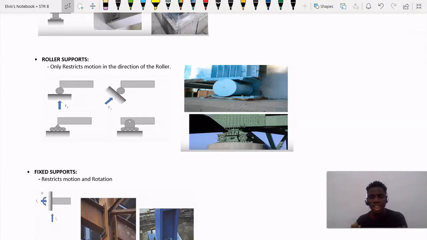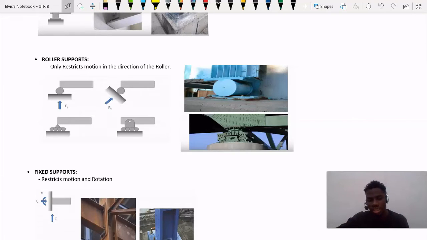So instead of having a lot of forces or a lot of stress inside the bridge, the bridge is going to move a bit. There is going to be flexibility in the bridge. This is why civil engineers will use tension bearing at one end of the bridge, and we also use what we know as fixed bearing at the other end of the bridge.